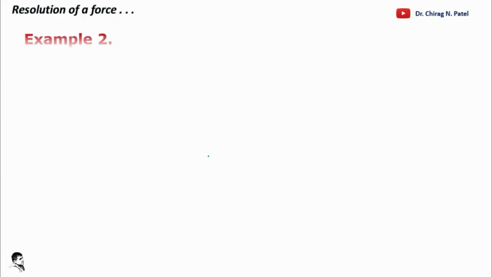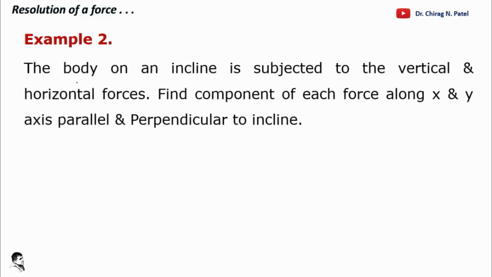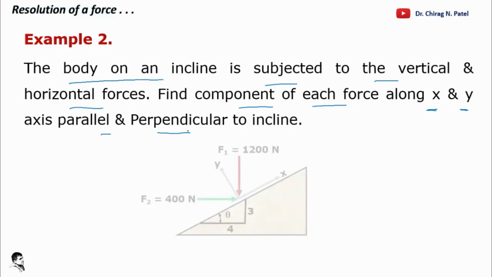Now let us see another example. Here the body on an incline is subjected to vertical as well as horizontal forces, and we are required to find the component of each force along the x and y axes, parallel as well as perpendicular to the incline.